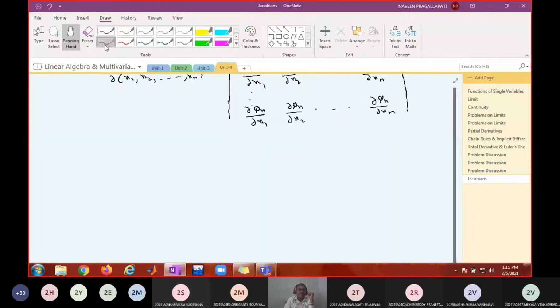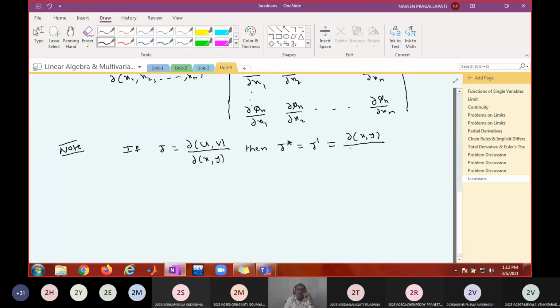Now write a note. If J equals dou of u, v by dou of x, y, then J dash is defined as dou of x, y by dou of u, v.